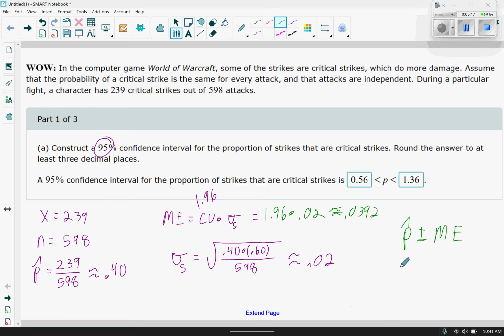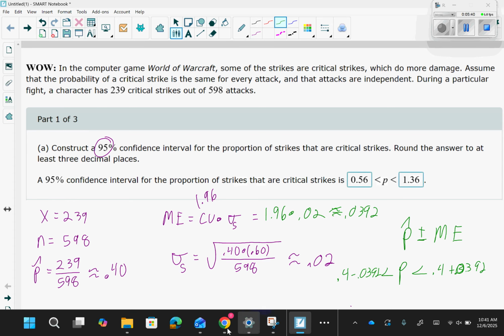So p is going to get squeezed between 0.4 plus 0.0392 and then 0.4 minus 0.0392. And so let's go ahead and do that real quick.